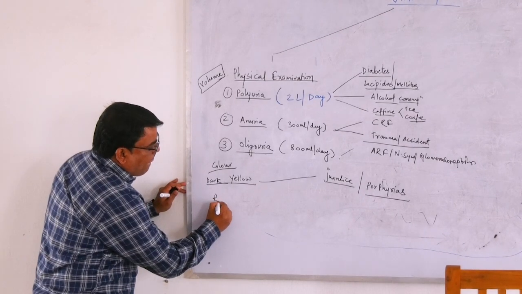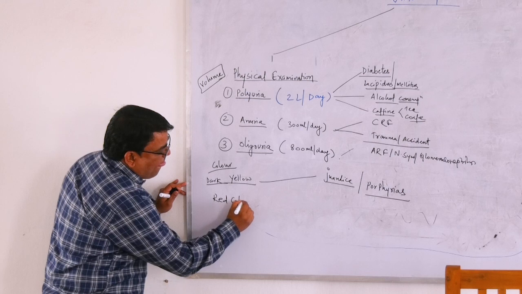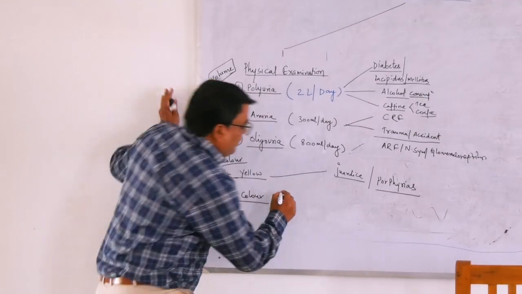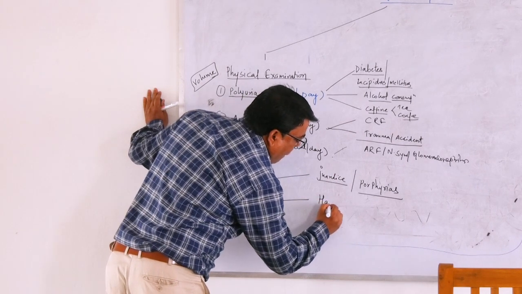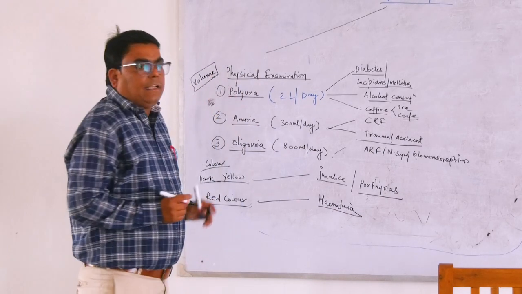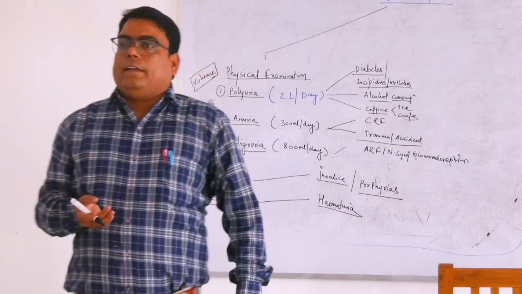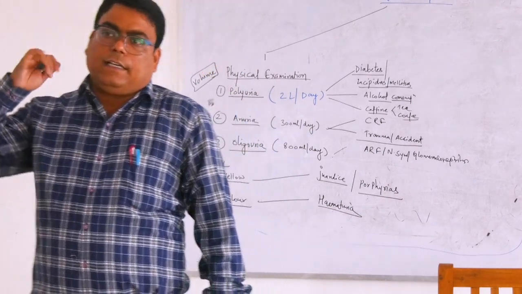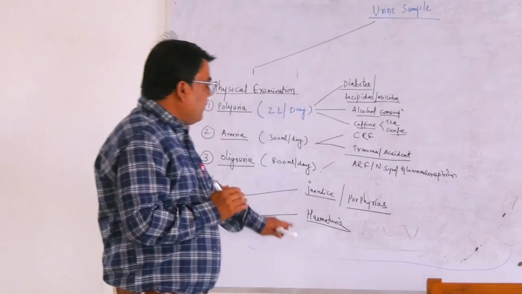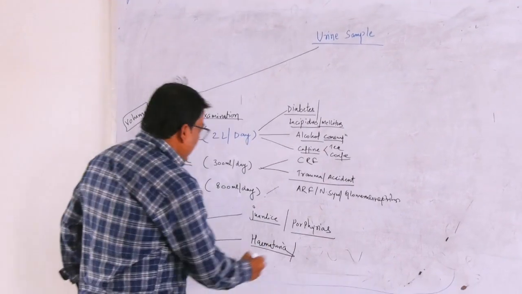Red color is hematuria. The reason of hematuria can be different, like surgical error, surgical implantation error, or any other trauma condition.